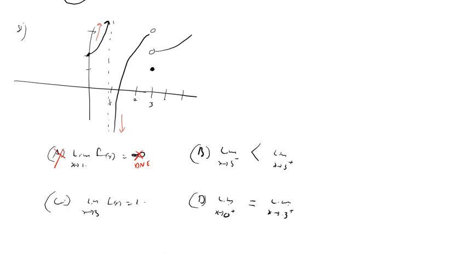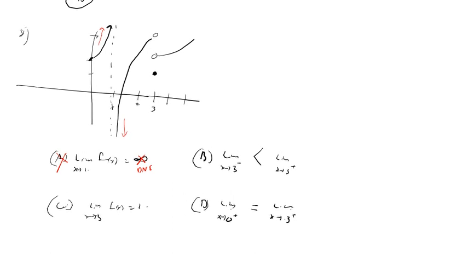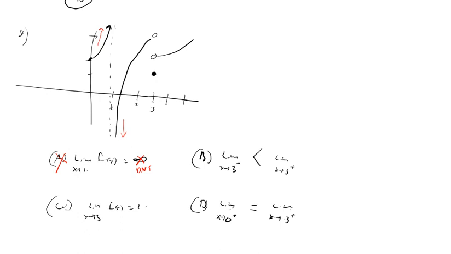Letter B says the limit as x approaches 3 from the left side is less than the limit as x approaches 3 from the right side. So let's check those out. X approaches 3 from the negative side is this one. This is 3 from the left, the lower, negative side of 3.